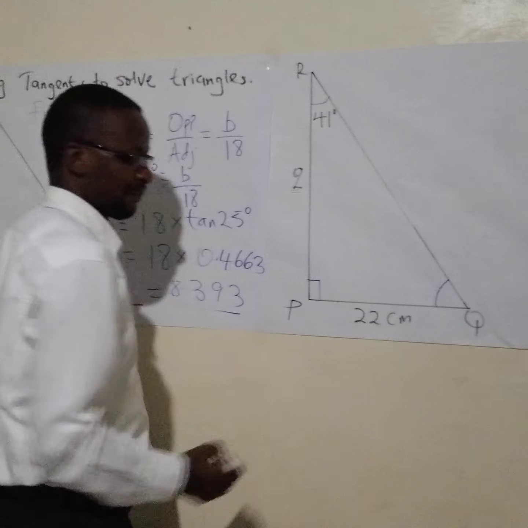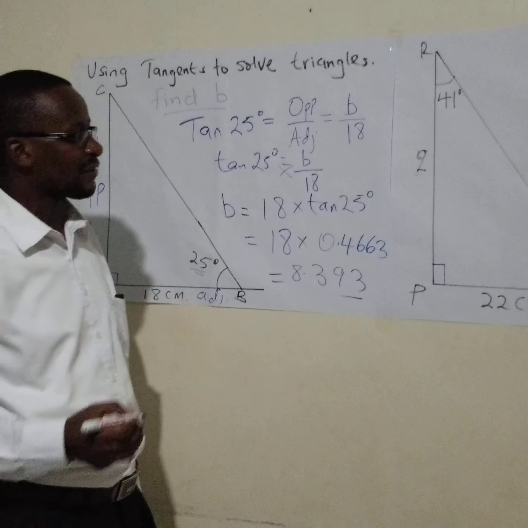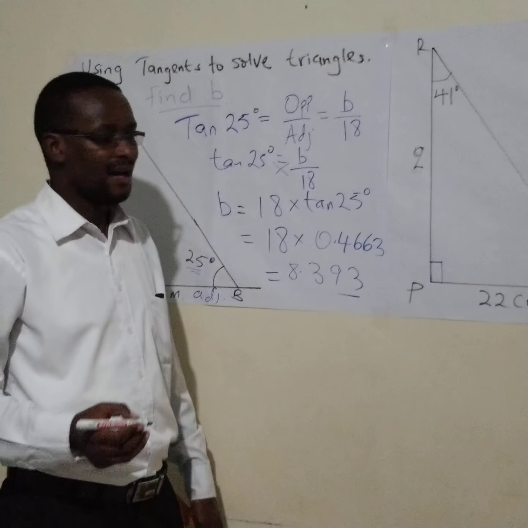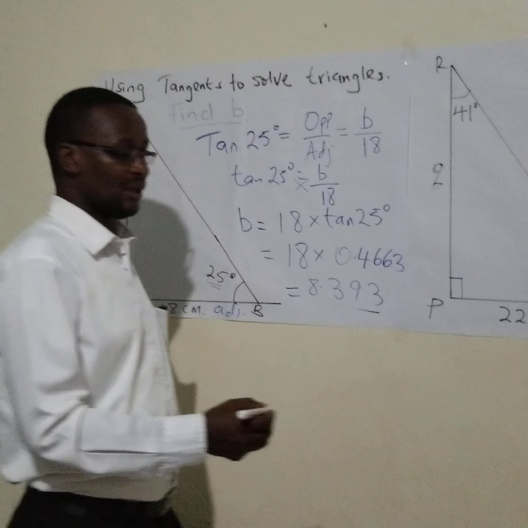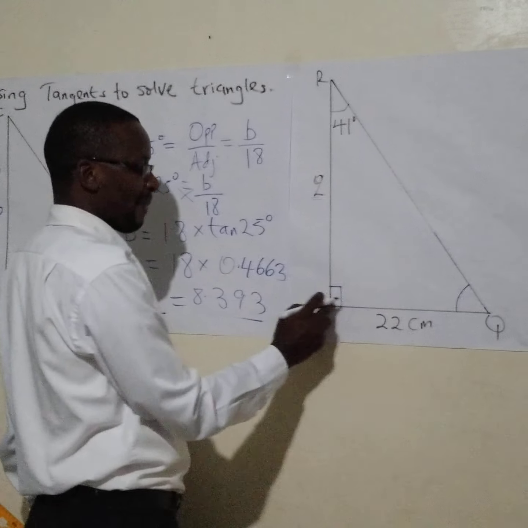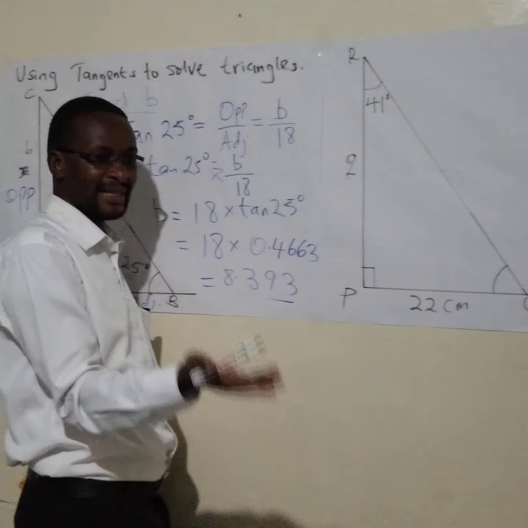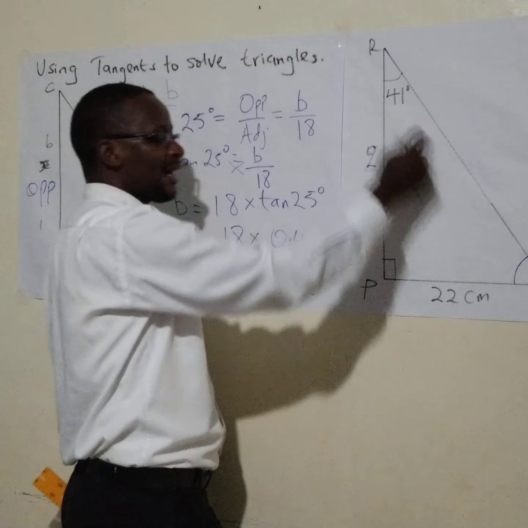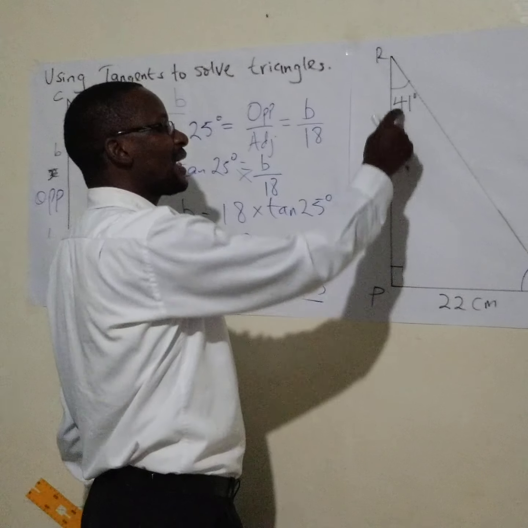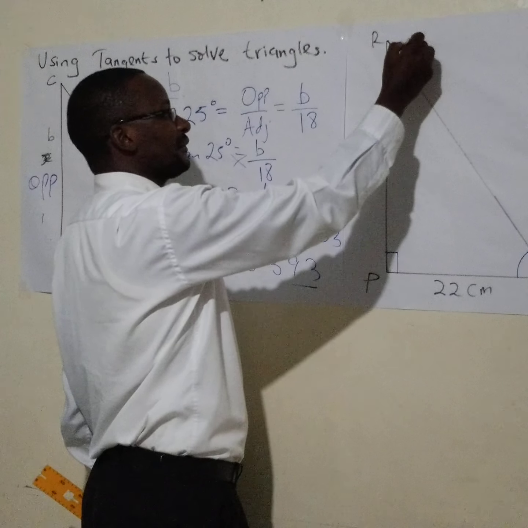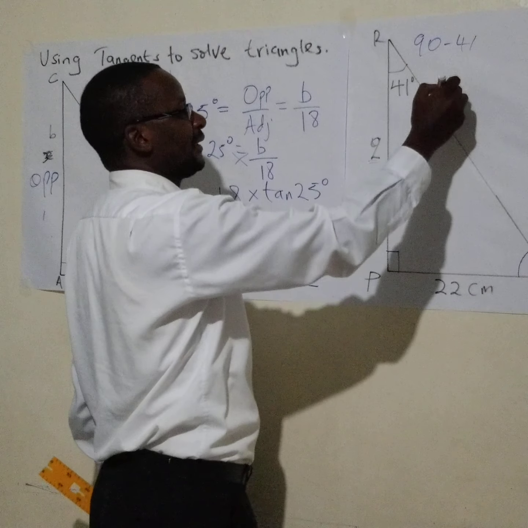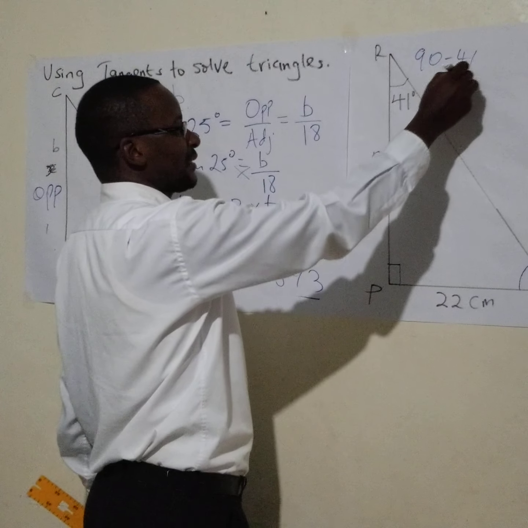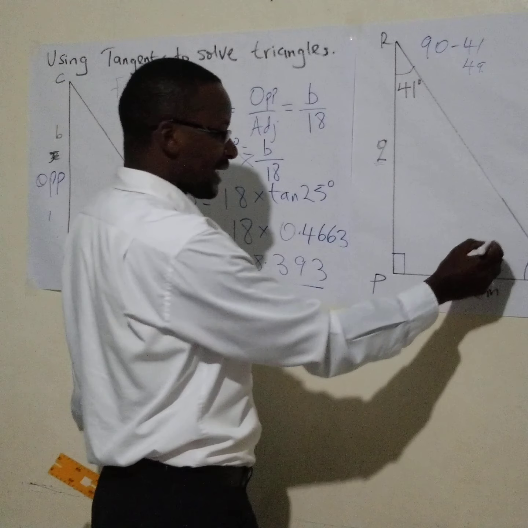It is possible, because you know the sum of angles of a triangle is 180. The remaining angle apart from this 90, these two must add up to 90. So you can do 90 minus 41, and you will get 49. So this angle here is 49.